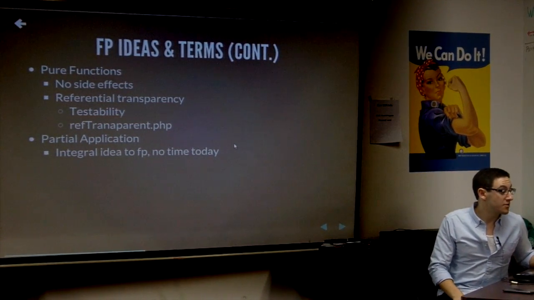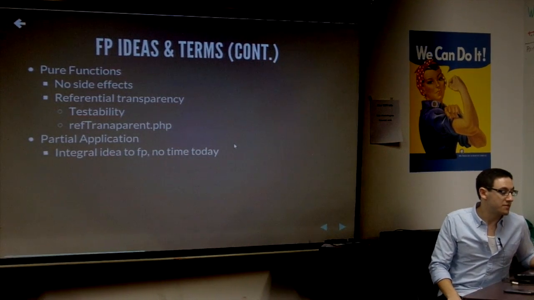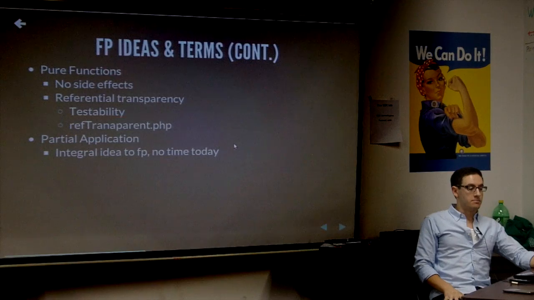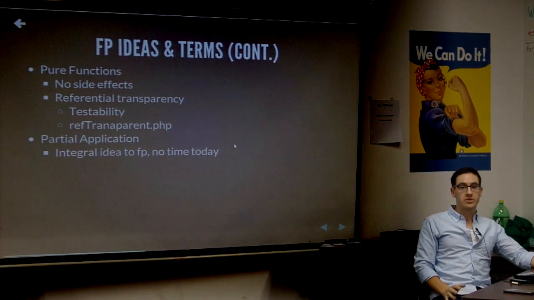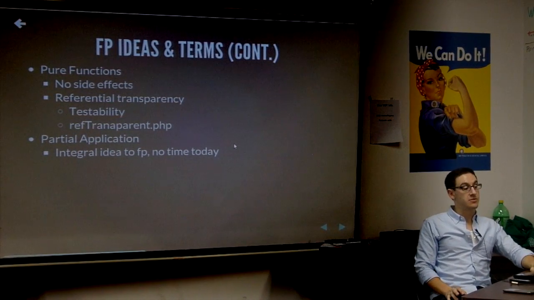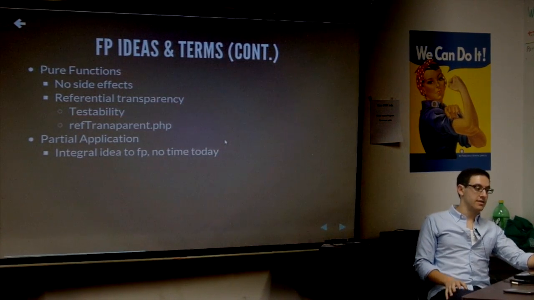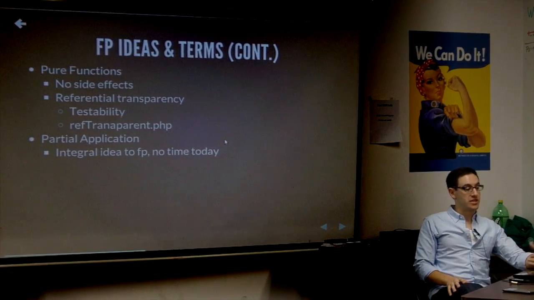The other biggest idea is pure functions, which are simply functions that have no side effects. In functional programming, we strive to make as many functions as we can pure. That also leads to the idea of referential transparency.